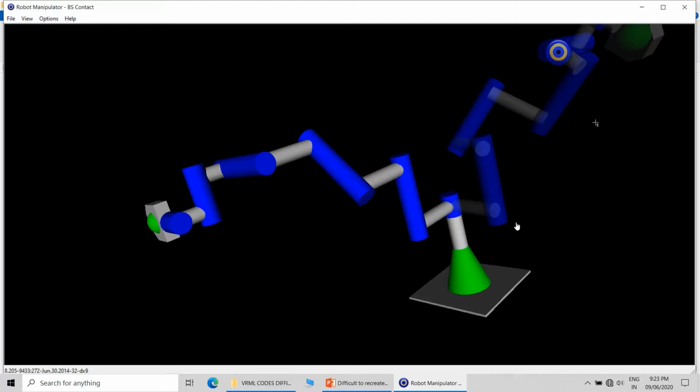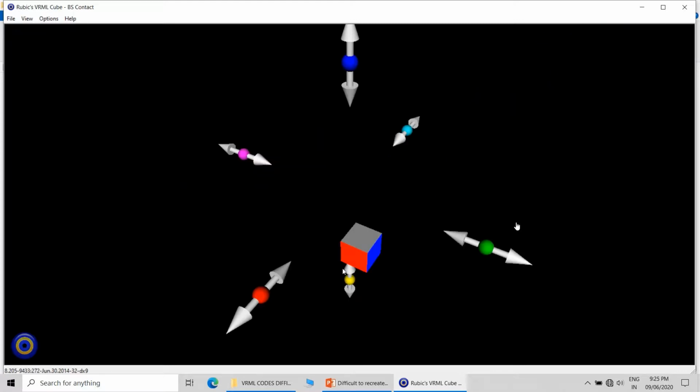So this was the robotic arm, and this was a single Rubik's VRML cube. This was also challenging actually. It all depends on how deep knowledge you have.